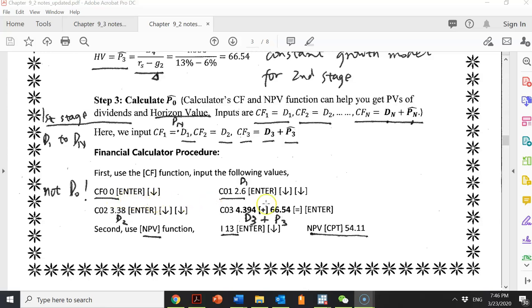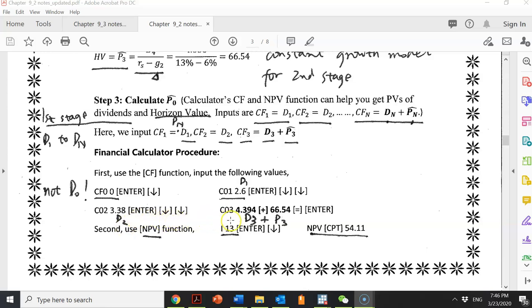Enter, down button. Frequency 1 should be 1. Okay, cash flow 1 should be 2.6, the value for D1. Enter, down button. Frequency 1, down button. Cash flow 2, 3.38, D2. Enter, down button.